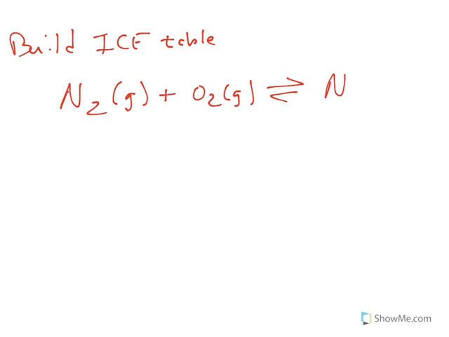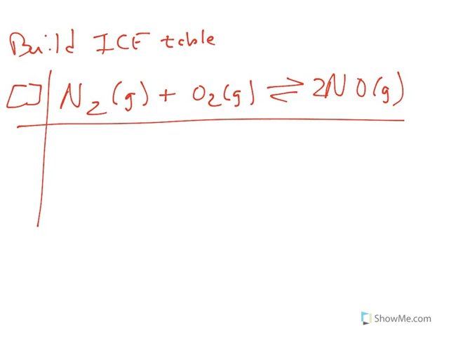So N2, O2, NO. This is going to be in molar. We've got I, C, and E. So initial, we knew the initial concentration of the nitrogen was 0.2. Initial concentration of the oxygen was 0.2. And the initial concentration of the NO, nitrogen monoxide, 0.